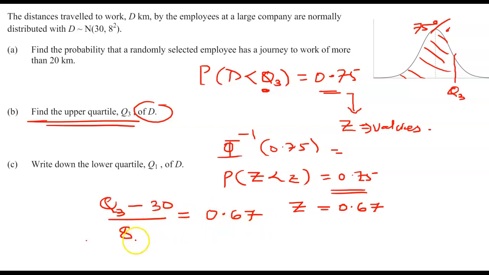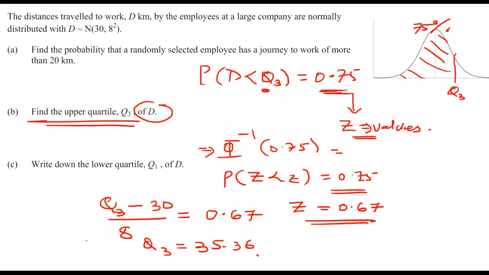Then you do the mathematics and you come up with Q3 as 35.36. Because here they have given you the probability, you find the inverse of that probability to get the Z value, and then you go backwards through how it was standardized.